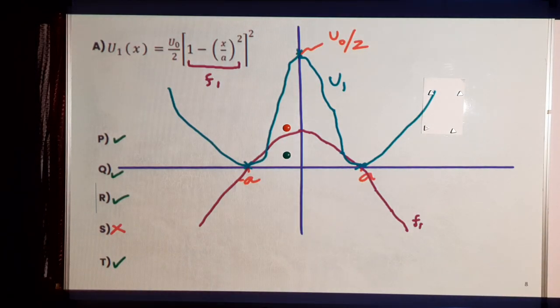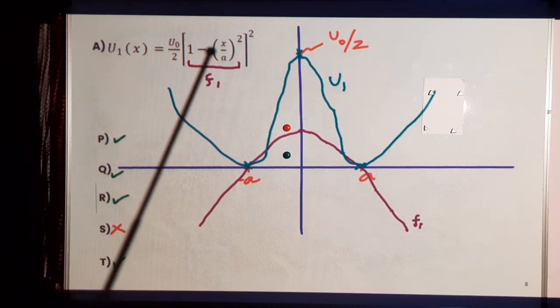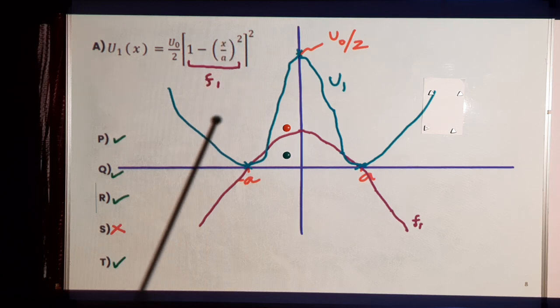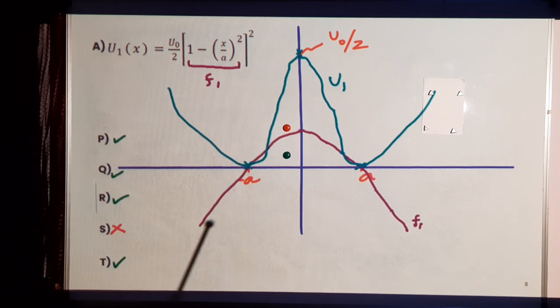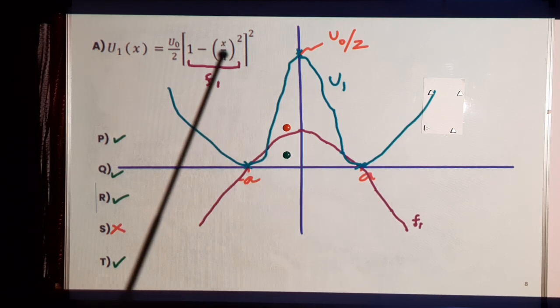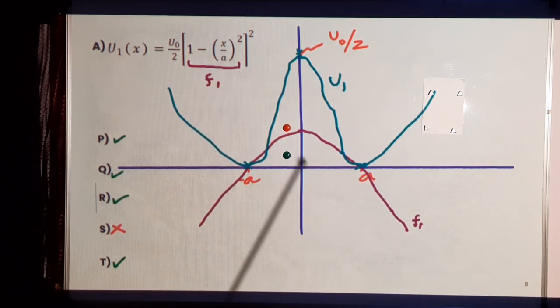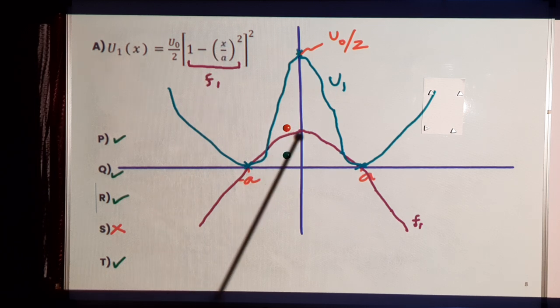This is what I explained here. Option A: the function of the potential is of this form, U0 by 2 times 1 minus x by a, the whole squared. Let me call the inner one F1. It's an inverted U parabola, so F1 will look like this. It has zeros at minus a and plus a. At x equal to 0, the value is 1.